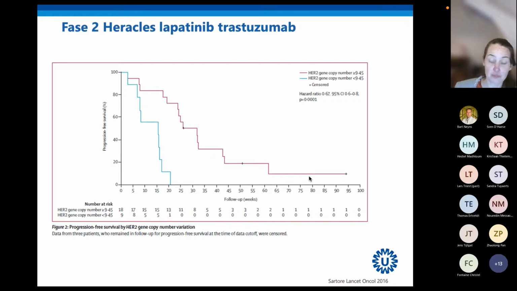So all these patients received lapatinib, trastuzumab, but what you can see in this Kaplan-Meier is that patients with a high copy number have a much better response to HER2 inhibition than patients with a lower copy number. So you really need a good amplification, of course, for this to work, to be a predictive biomarker for response to HER2 targeted treatment.